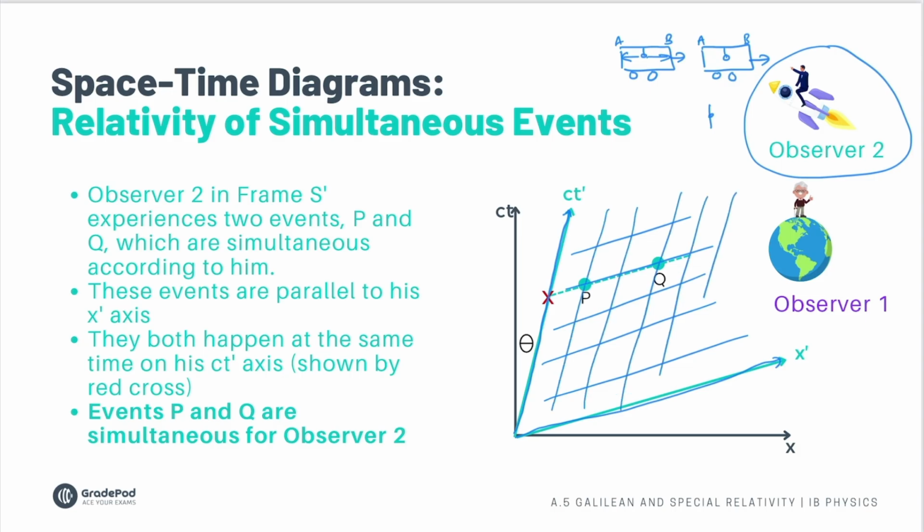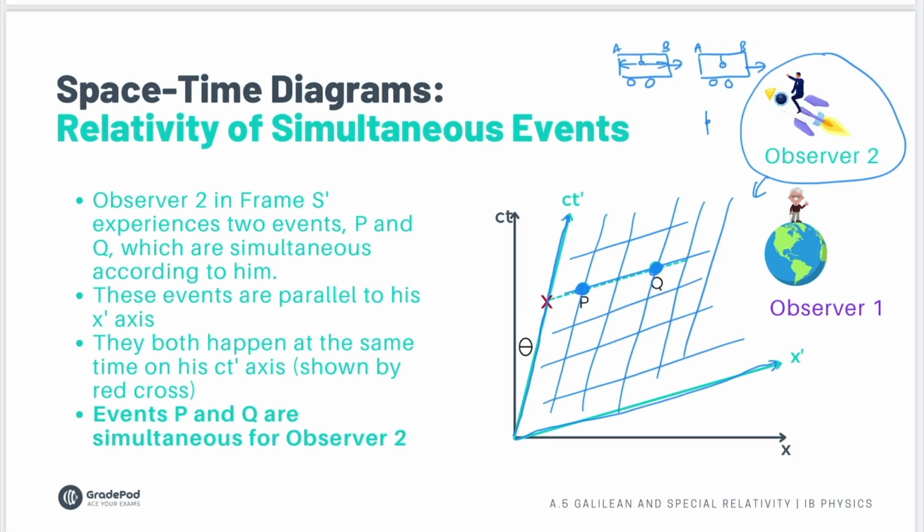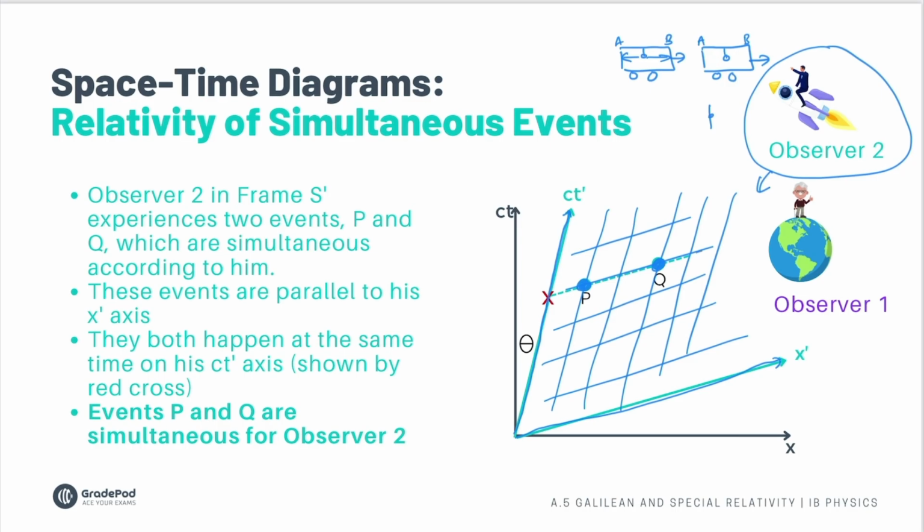So if we now consider two events in the moving frame of reference, P and Q, instead of A and B, and extrapolate back a parallel line to the time axis, you can see for the observer who's moving, P and Q hit the same point of the ct axis. That means for observer 2, events P and Q are simultaneous.